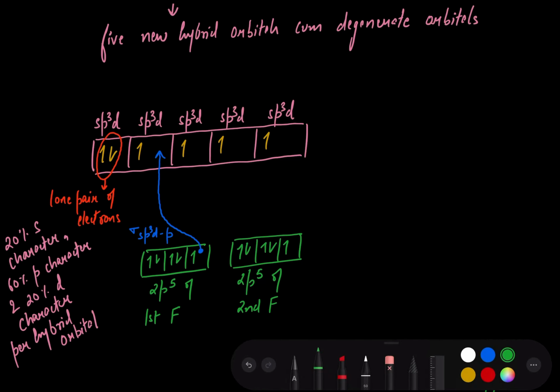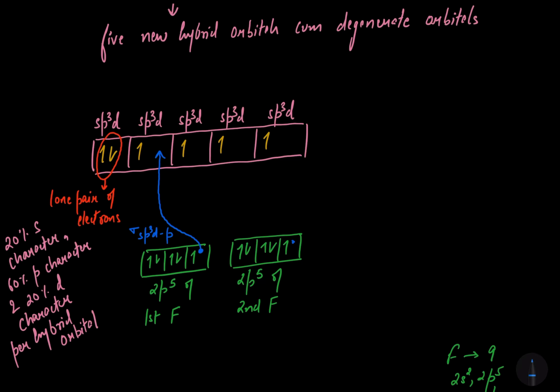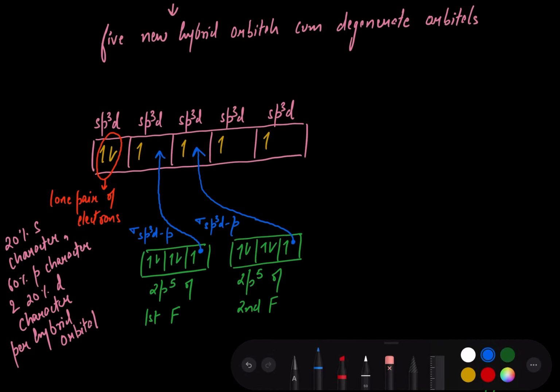Here also we are left with one orbital which is having one electron, which will have head-on overlap with one of the sp3d hybrid orbitals of the sulfur for the formation of a sigma bond, and again this sigma bond will be sigma sp3d p, because this sigma bond has been formed by head-on overlap of sp3d hybrid orbital of sulfur with the p orbital of second fluorine. Let's come to the third fluorine.